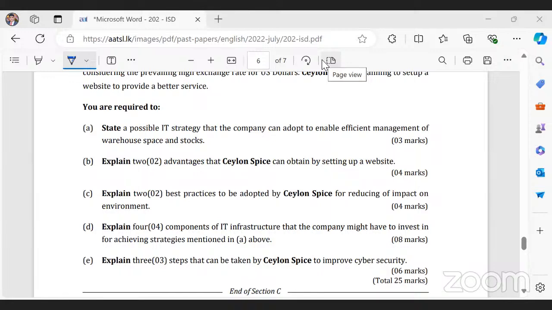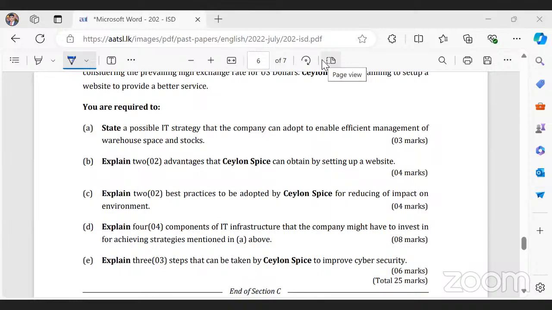And another thing is using a password policy to change passwords frequently. And not using unsupported software. If you are using unsupported software, there are many security breaches.